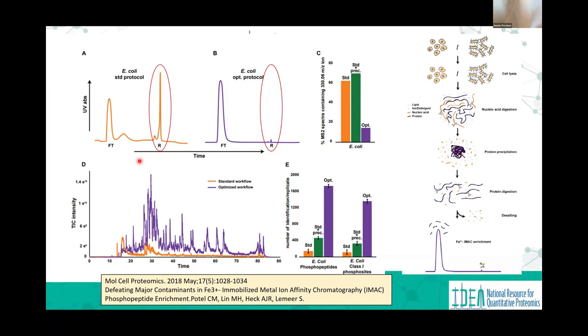Labs that use methods where they didn't shear the DNA, or they didn't separate it with a molecular weight filter, they had different results. So they had to use a lot more media to bind the same amount of phosphopeptides, because you're essentially poisoning your resin with DNA. And so this, okay, this helps. This makes a little bit more sense.